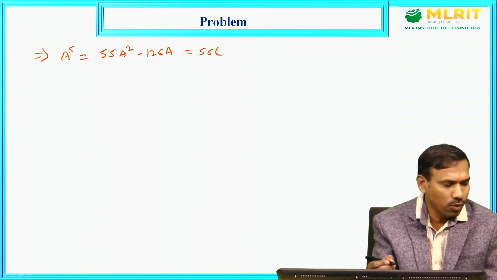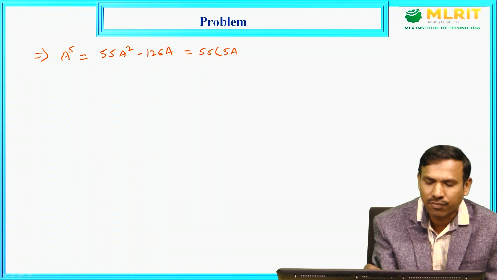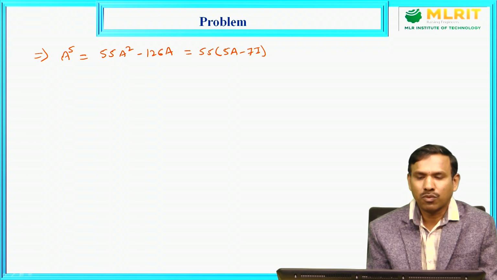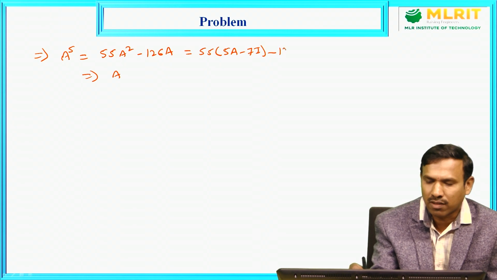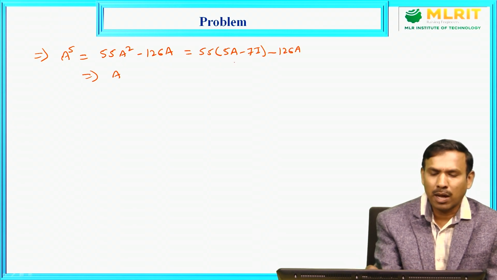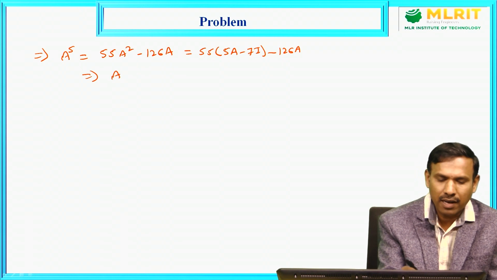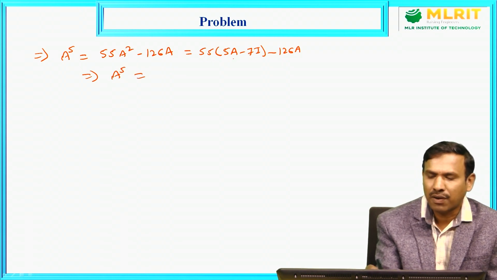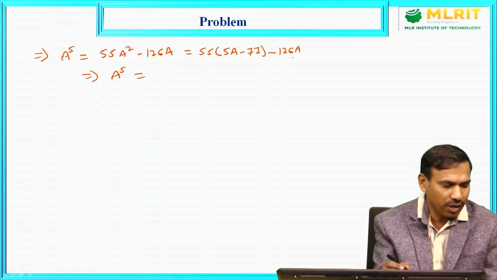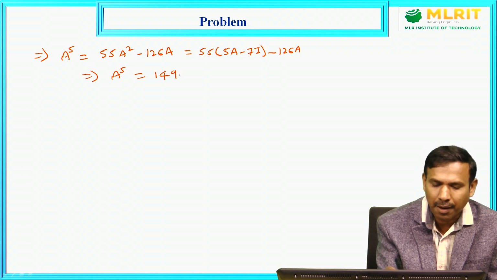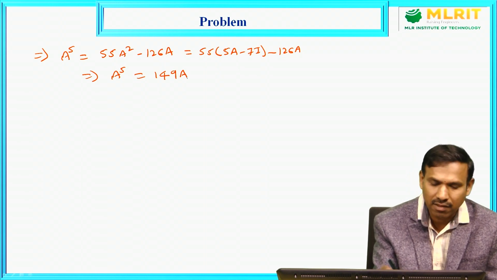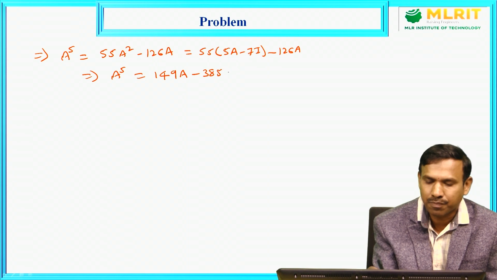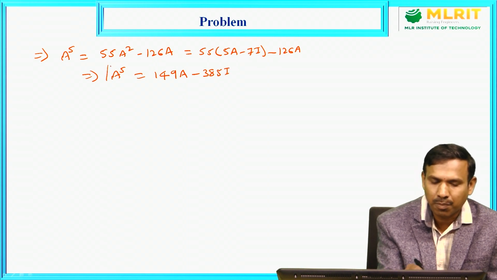So, a square value already we have in terms of a, that is 5a minus 7i, which we have earlier. So, from this simplifying, a power 5 value, minus 126a. Finally, simplifying this, 55 into 5 minus 126, we will get 149a, subtracting a terms, and 55 into 7, that is minus 385i. This is a power 5.